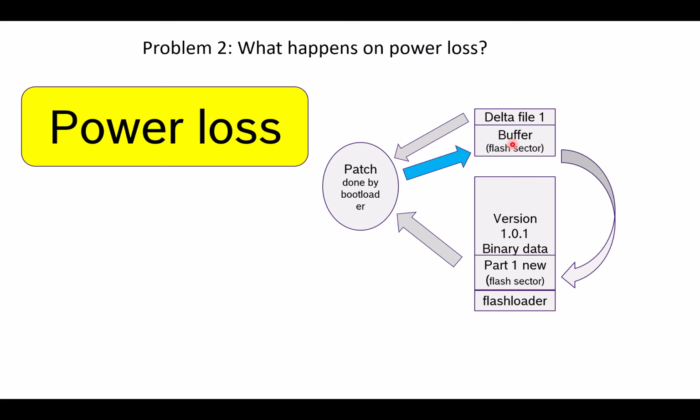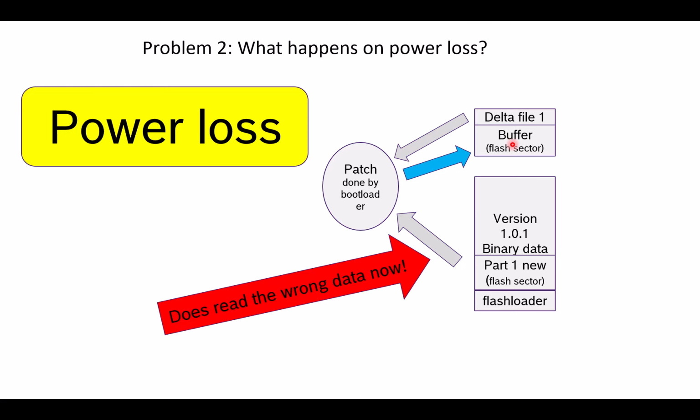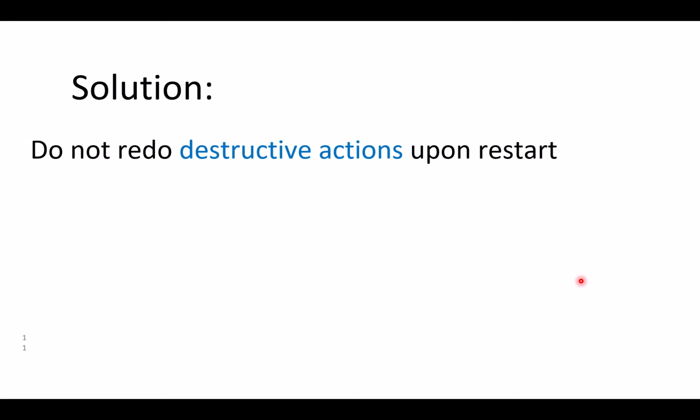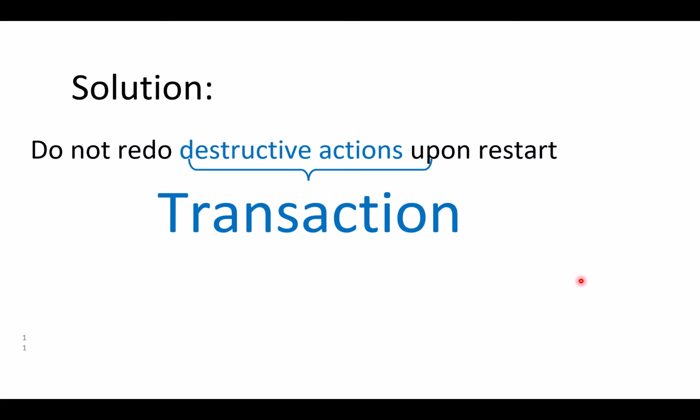So let's assume we're restarting, doing the same thing again, but now the patch algorithm to create that buffer relies on this part, and this part is already overwritten. So that does not work. The solution here is that we don't do destructive actions upon restart. So we kind of build transactions here.